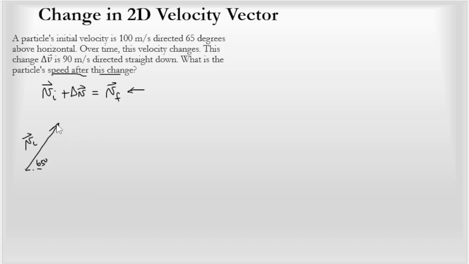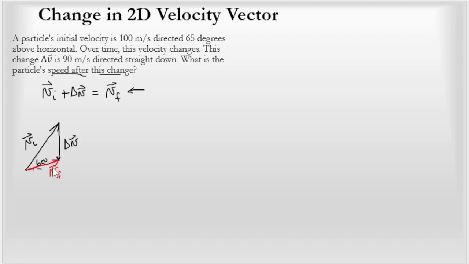So I could draw it here, right? I'm just adding vectors. So I could draw it straight downward, delta V, just vector addition. So when I look at this final velocity vector, it will be represented by adding head to tail those two vectors. There's the final velocity vector right there. And we want to find the magnitude of it.